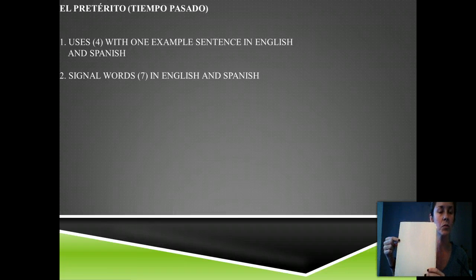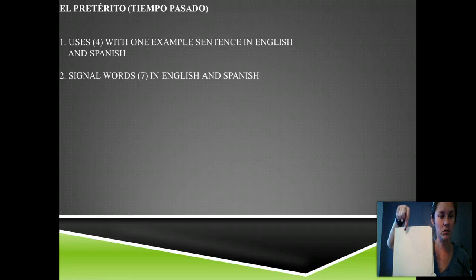And then down below number 1, you're going to write your 4 uses, which is FINS, and what the F and the I and the N and the S stand for. And then you're going to write 1 example sentence in English and its translation into Spanish using the preterite tense.